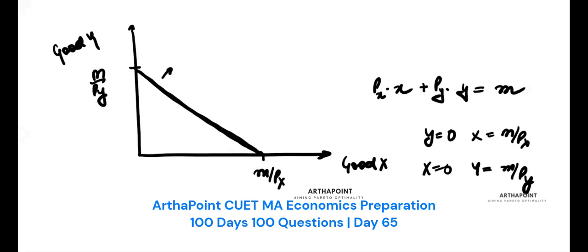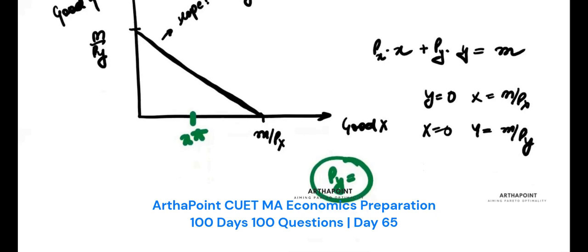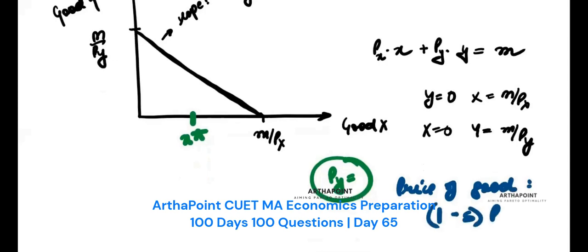And the slope of this budget line is going to be PX by PY. Now, it is saying that till this X star unit, the price of good Y is PY only. PY is the same. But the price of good X is (1 minus S) into PX. So the price of good X is a little lower.